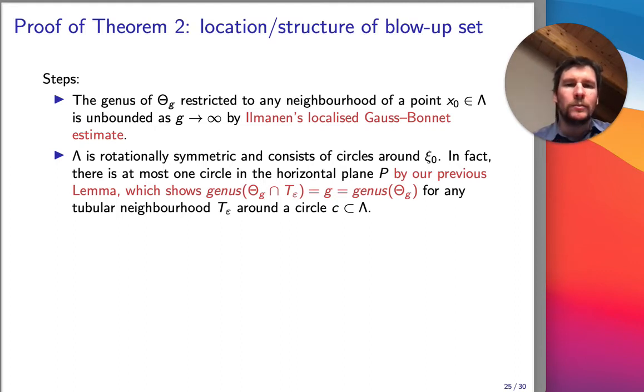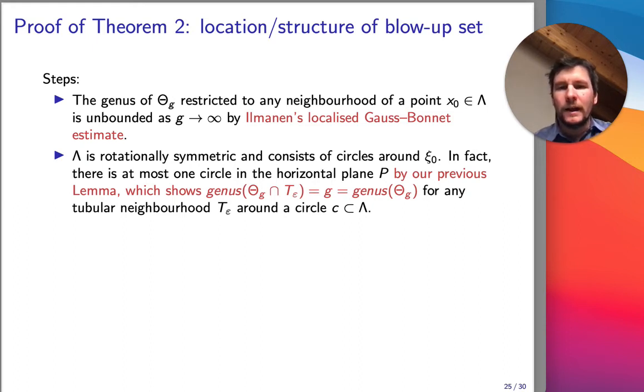If you have one singular point, then the rotational symmetry says you have a whole circle, and then you could take a little neighborhood of this circle, and the previous result says that the entire genus must lie in that region, because the genus will be between 1 and the total genus, and the previous result says it's actually concentrated already in that tubular neighborhood around the circle.